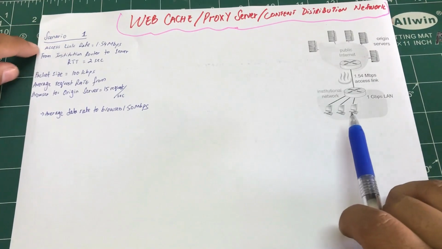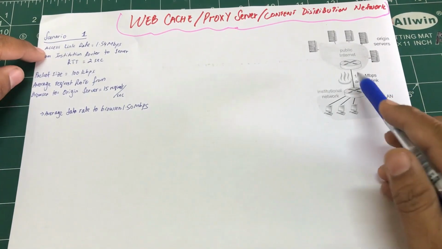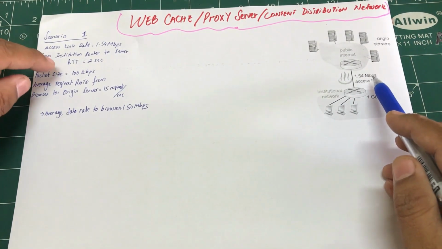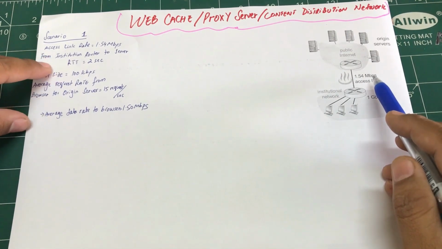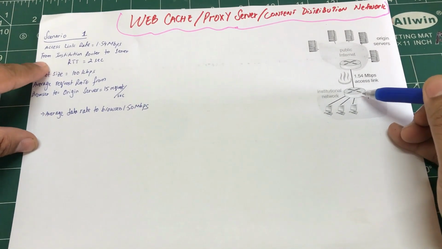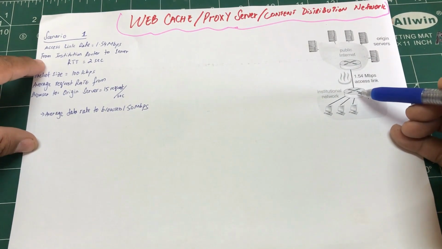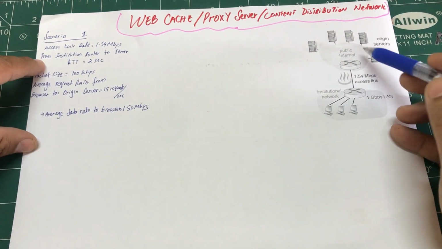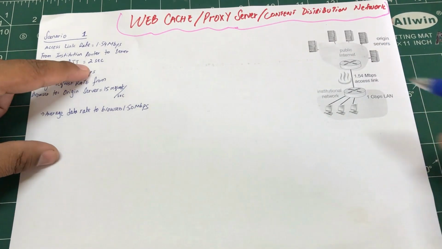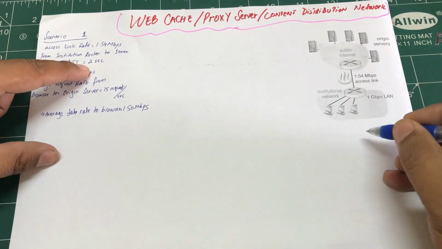So the scenario is this: I have an access link that has a rate of 1.54 megabits per second. The RTT from my institutional router to the server is about 2 seconds. So what is RTT actually?